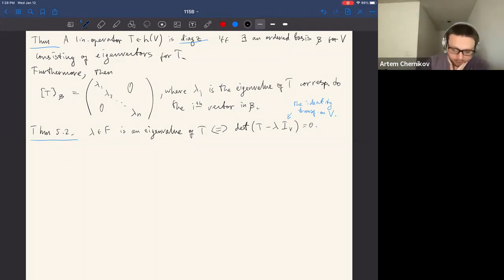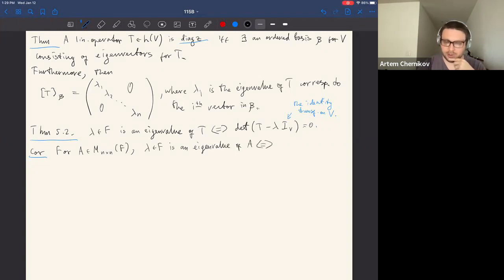Okay. Corollary of this theorem. We have the corresponding statement in terms of matrices. For A, an n by n matrix over a field F, we have that lambda in F is an eigenvalue of A if and only if the determinant of the matrix A minus lambda times the identity matrix is equal to 0.